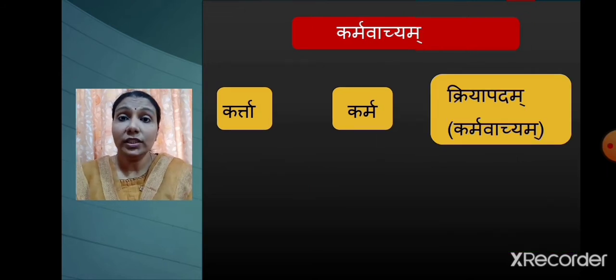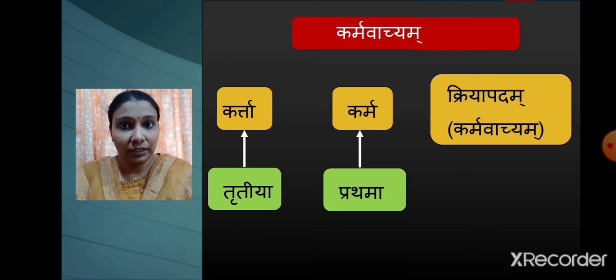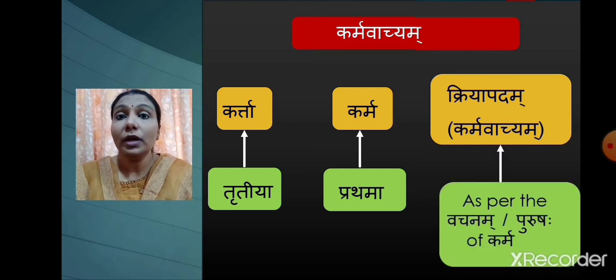We have also learnt about Karmavacham, and we know that in Karmavacham, Karta is used in Tritiya Vibhaktihi, Karma is used in Prathama Vibhaktihi, and Karmavachya form of Kriyapadam is used as per the Vachanam and Purushaha of Karma.